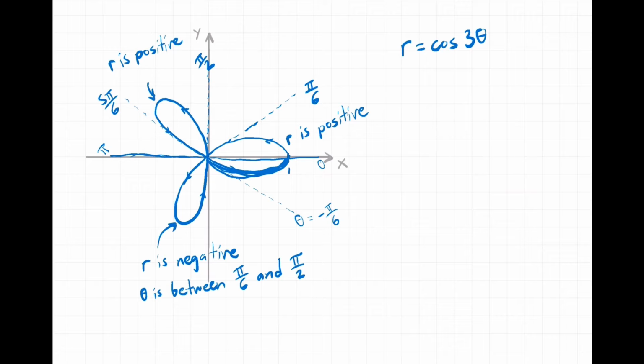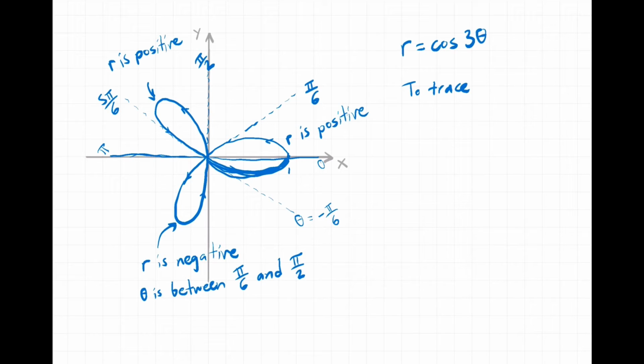You'll trace out that curve anyway, with theta going between 5 pi over 6 and pi. So, to trace out the entire curve, theta needs to go along an interval that has a width of pi. Now, that interval could go from negative pi over 6 to 5 pi over 6. Or it could go from 0 to pi. Or it could go from pi to 2 pi, for instance.